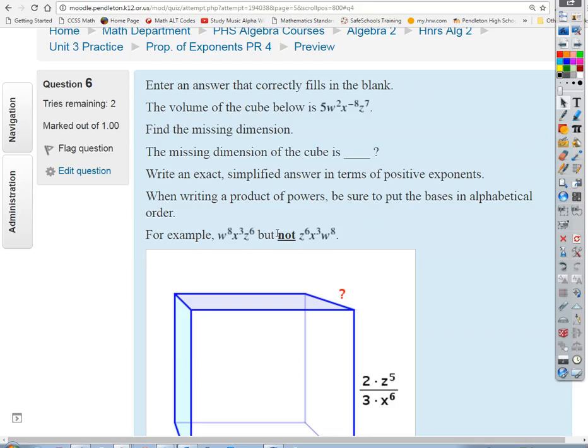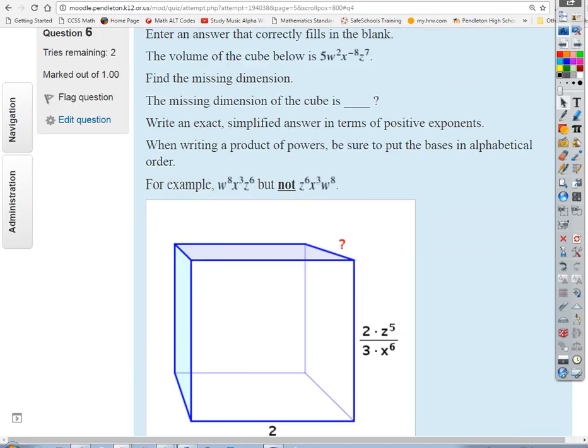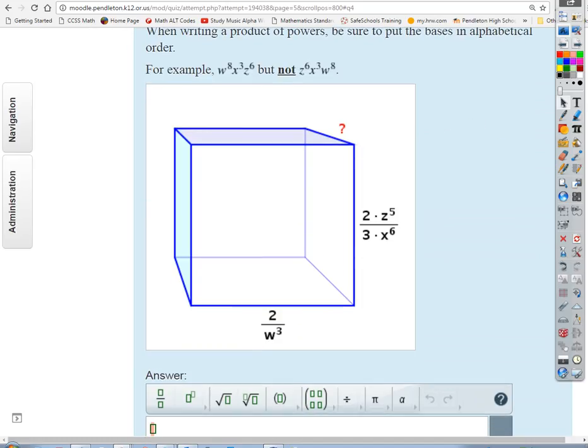So they're telling us the volume of the cube, right? It's a cube, so it's just going to be the product of the 3 dimensions, right? They want us to find the missing dimension, right?